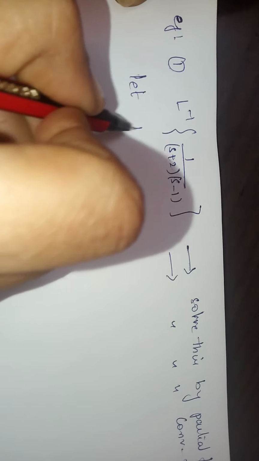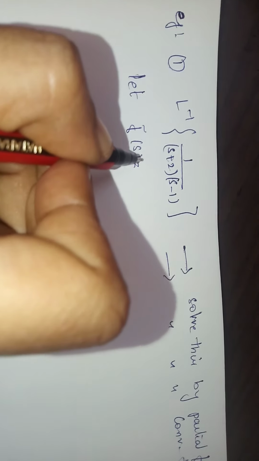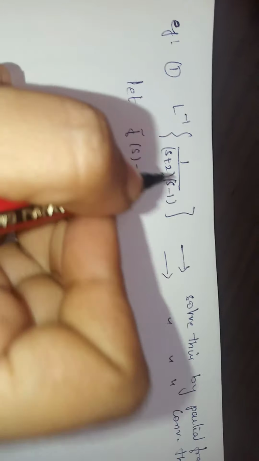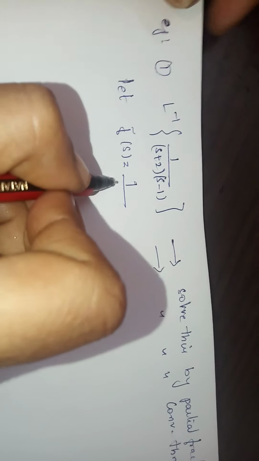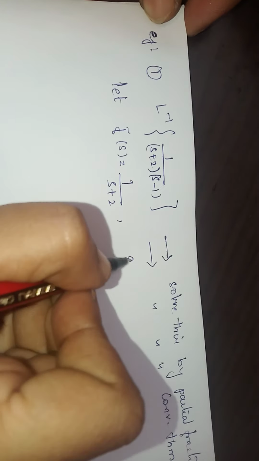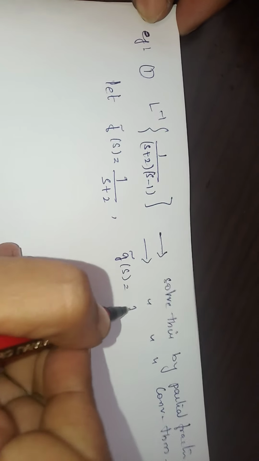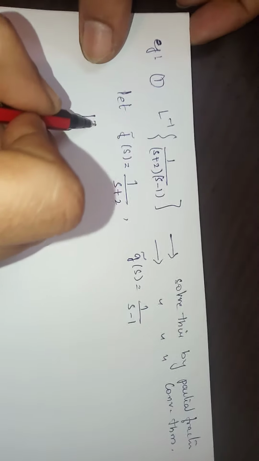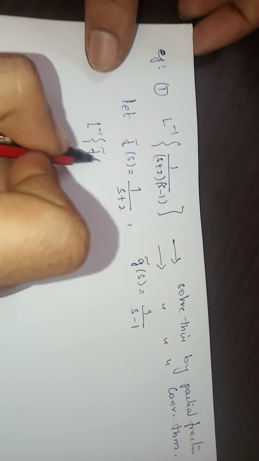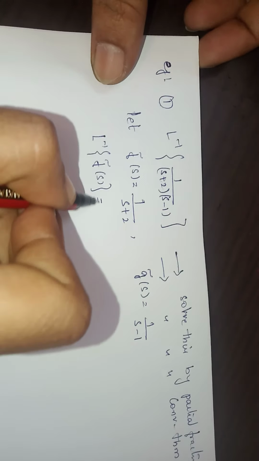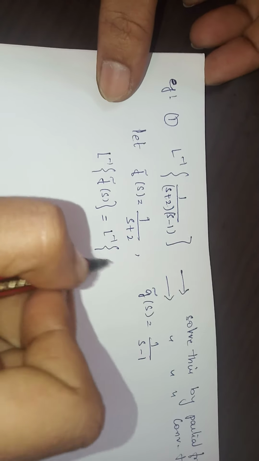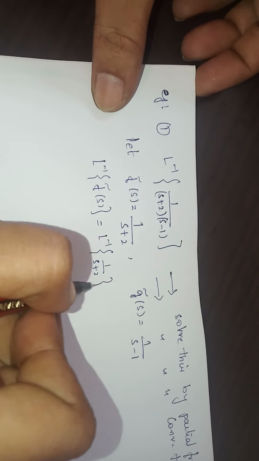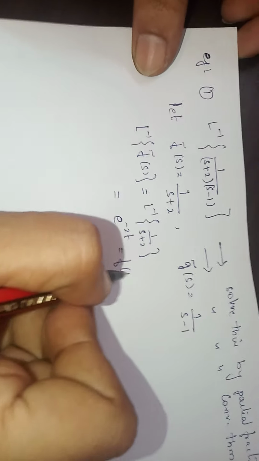Let the function f bar of s be 1 by s plus 2 and g bar of s be 1 by s minus 1. You have to first find the Laplace inverse of these. Laplace inverse of f bar of s is Laplace inverse of 1 by s plus 2, which is e to the power minus 2t. This is your f of t.